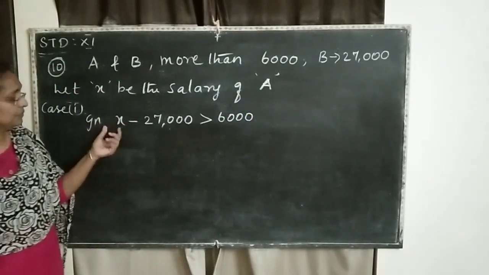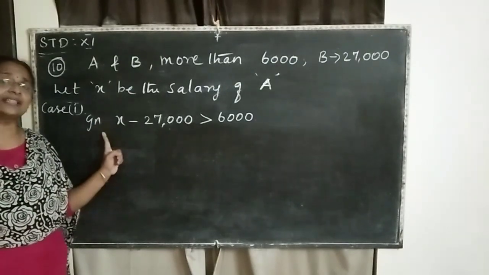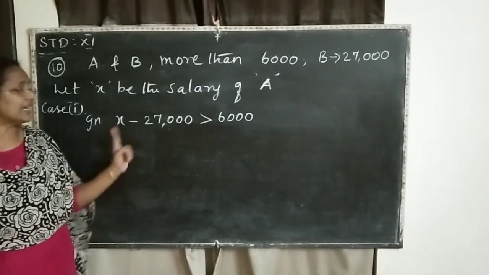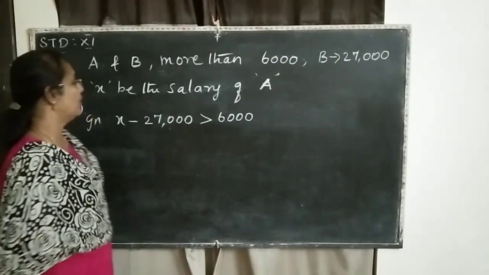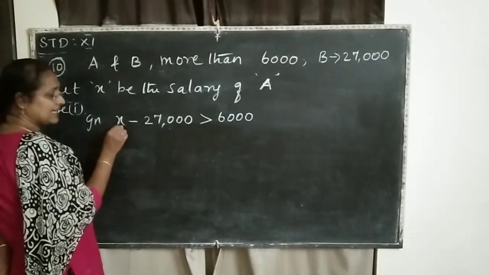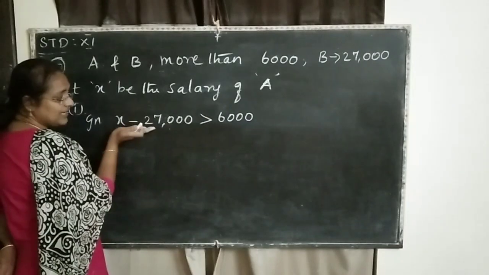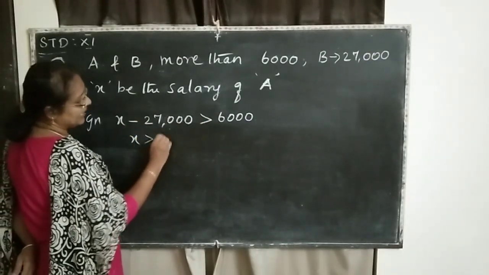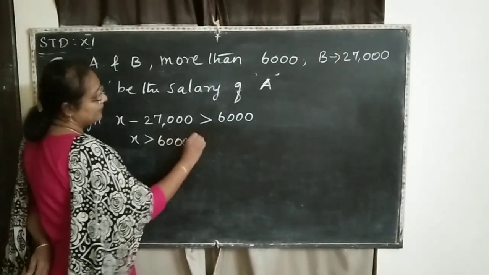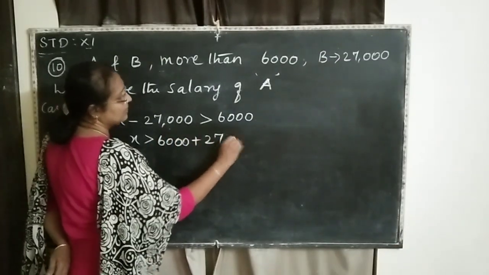So we have assumed A's salary is greater than the salary of B, whereas the difference between these two salaries is greater than 6,000. Now I need the value of X, isn't it? So I am going to take this minus 27,000 to that side. So it becomes X is greater than 6,000 plus 27,000.